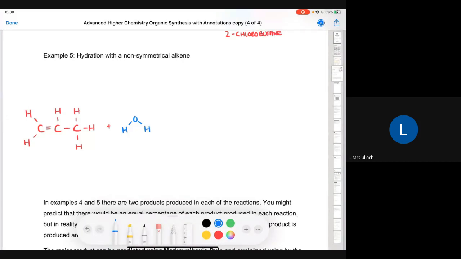Now, when we do our hydration reaction, one of the hydrogen to oxygen bonds will break. So we'll add a hydrogen onto one of the carbons where the double bond was, and the OH, the hydroxyl group, onto the other one. So what we'll do here is essentially we'll make an alcohol.